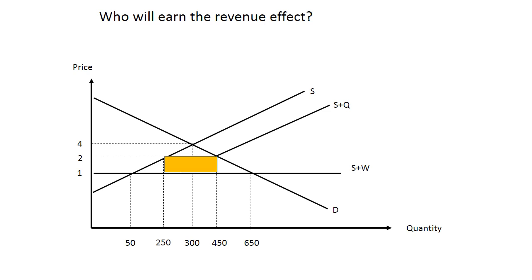Now we are going to determine who will earn the revenue effect. This is the area of the revenue effect. To determine who will earn it, we have two situations. First situation, there are many importers and one exporter. So we have one seller and many buyers.